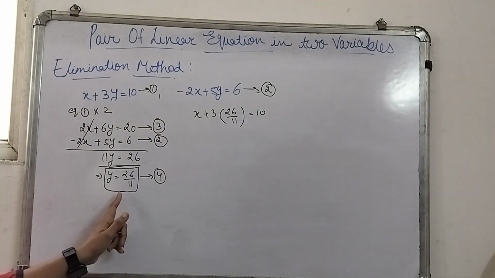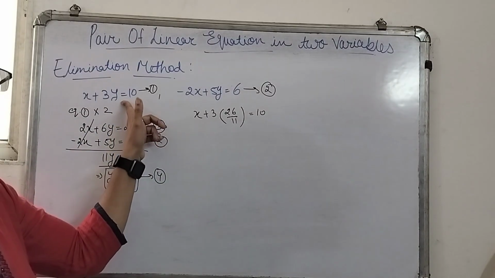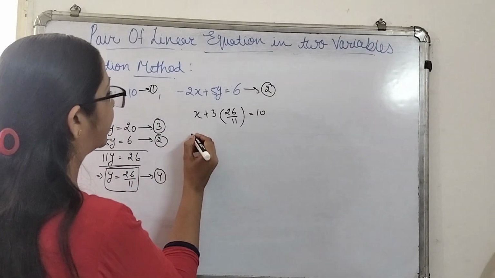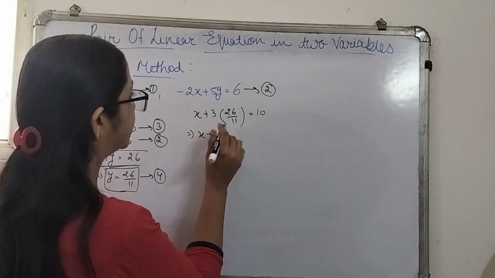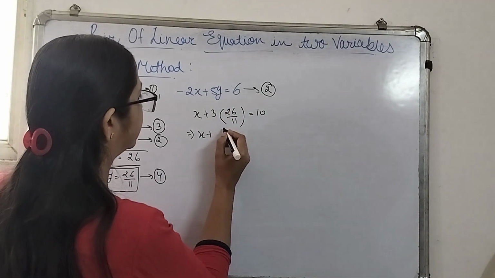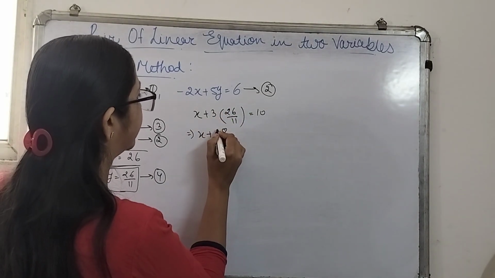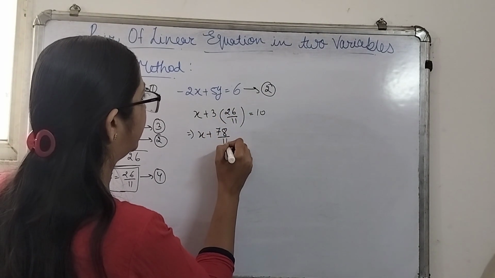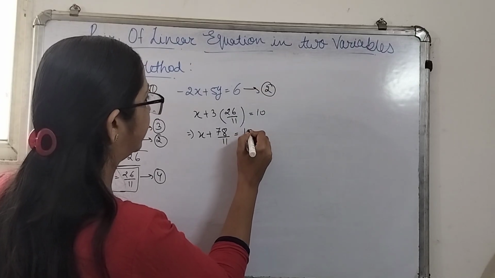Here we have kept the value of y in equation number 1. Now this will become x plus 3 multiplied by 26, which is 78, over 11. It is equivalent to 10.